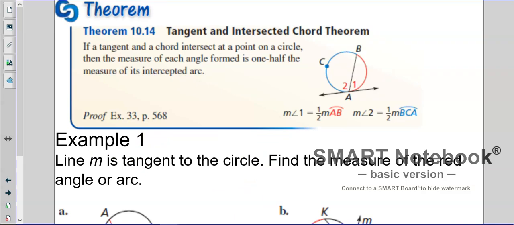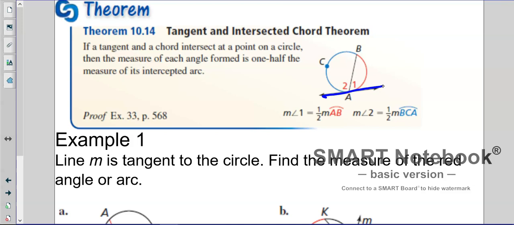All right, another theorem, tangent and intersected chord theorem. If a tangent, remember tangent is right here, just touches the circle once on the outside, and a chord intersect at one point, which is point A, then the measure of each angle formed is 1/2 of the measure of its intercepted arc. All right, so let's look at that.